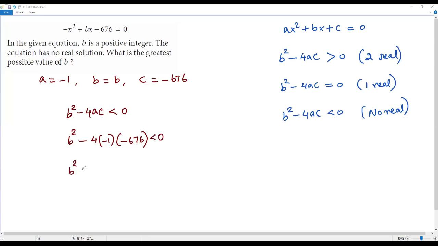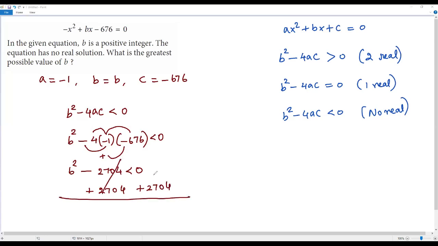When I multiply negative and negative, it becomes positive. Positive times negative becomes negative. And 4 times 676 is 2704, so b squared minus 2704 is less than 0. Now I'm adding 2704 to both sides, so the negative and positive values cancel out. So I'm getting b squared less than 2704.